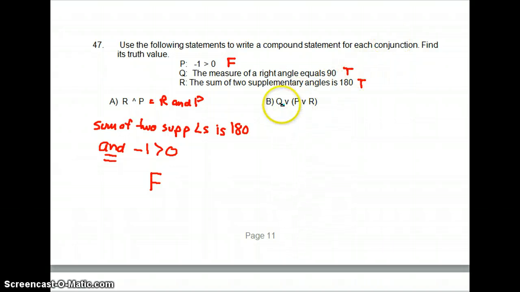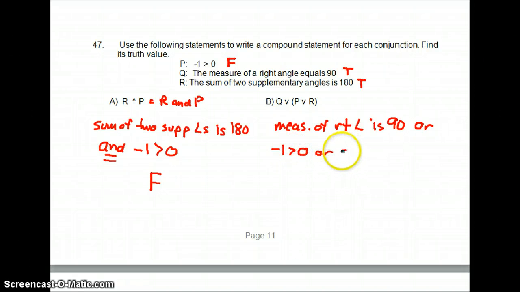Over here it says Q or P or R. So Q is measure of a right angle is 90 or negative 1 is greater than 0 or sum of two supplementary angles is 180. If it says or, either one of these has to be true and the whole thing is true. Well, the measure of a right angle is 90 is true, so the whole thing is true.